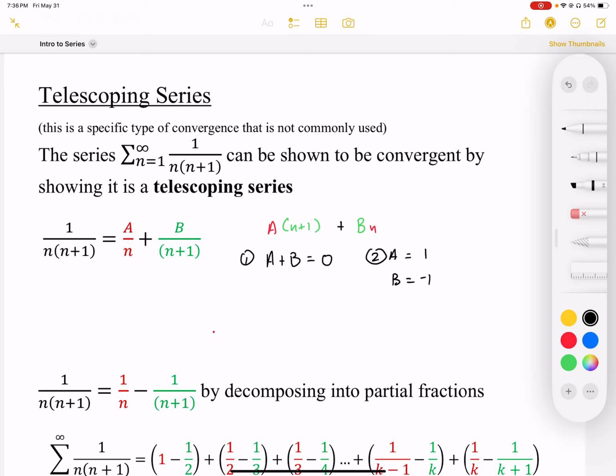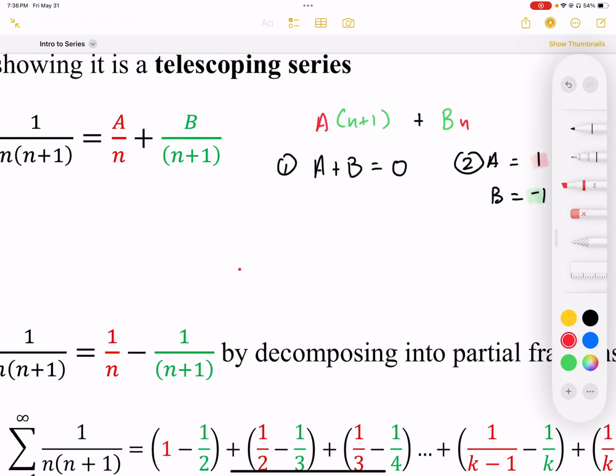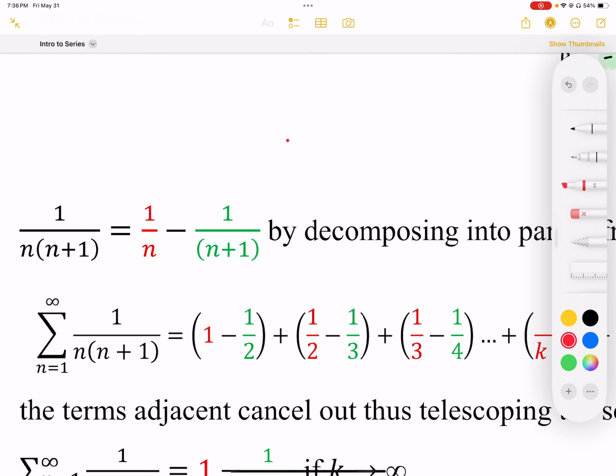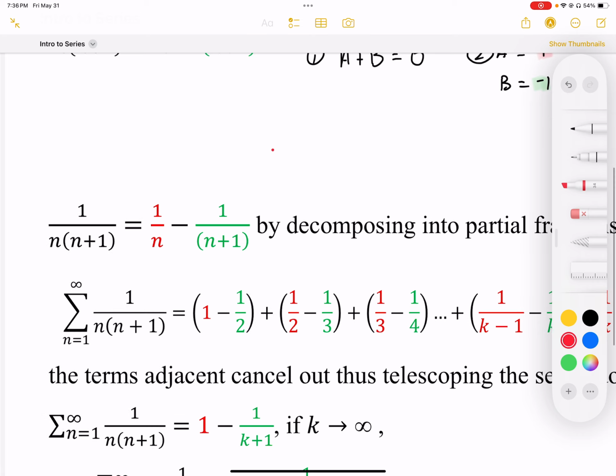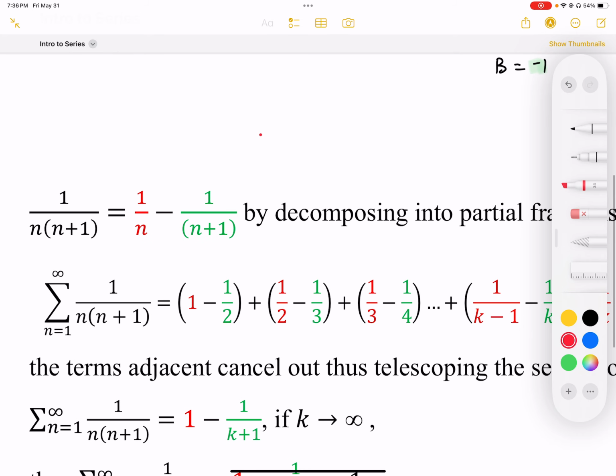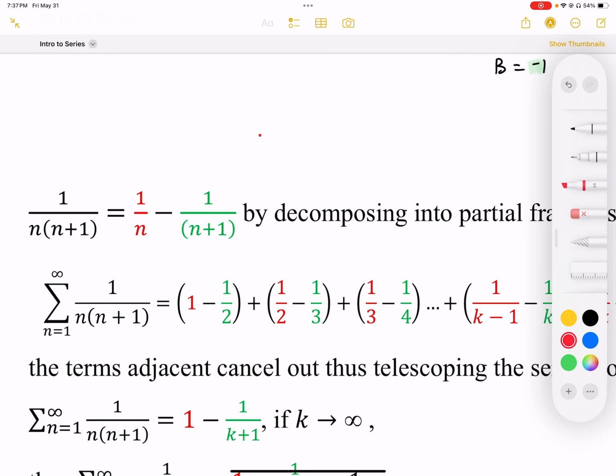Okay, so when we decompose this, we can see that we end up with 1 over n minus 1 over n plus 1. So these are equivalent. And when we actually expand this out, we're going to get this expression here. We're going to express our partial sums like this.